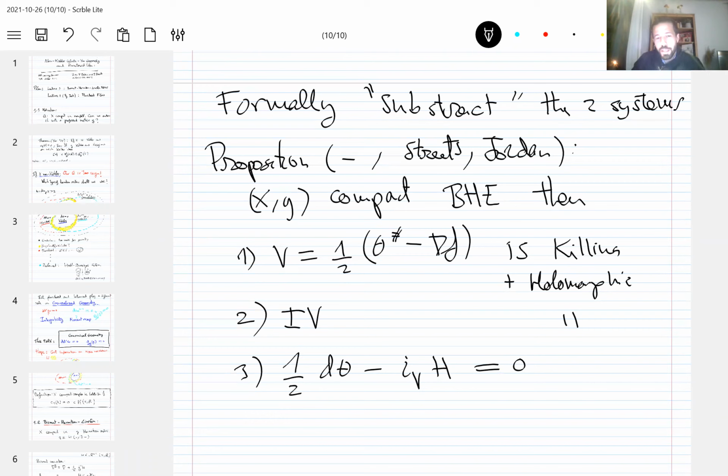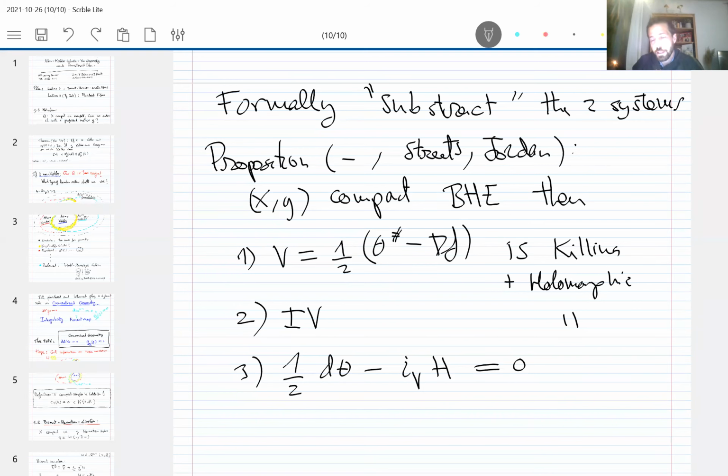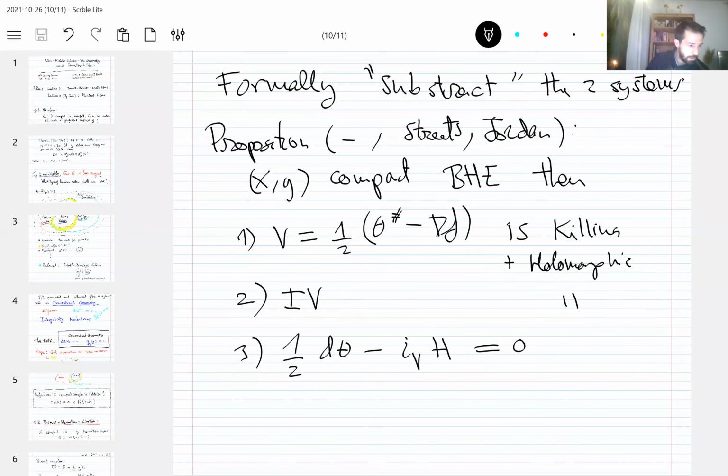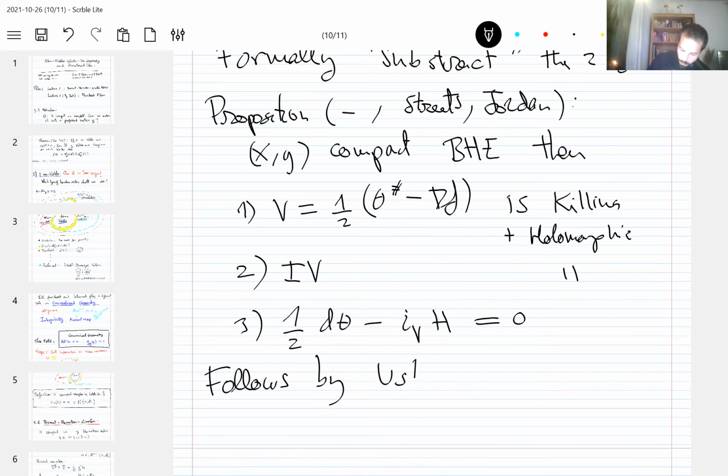So the proof of this, I'm not saying that this is immediate, but it actually follows essentially from a previous analysis of steady generalized Kähler Ricci solitons by Yury Ustinovskiy and Jeff Streets.